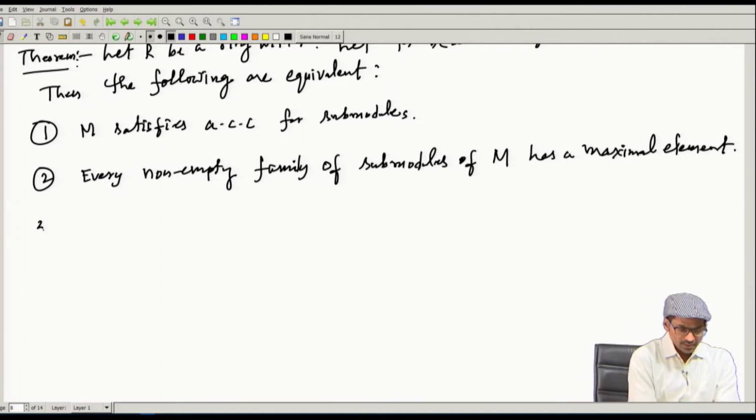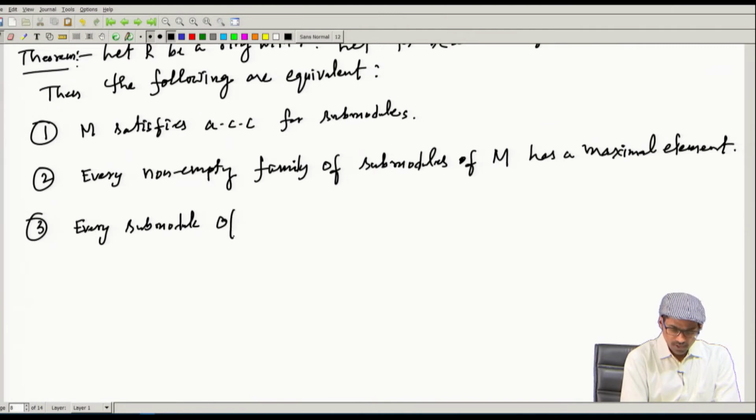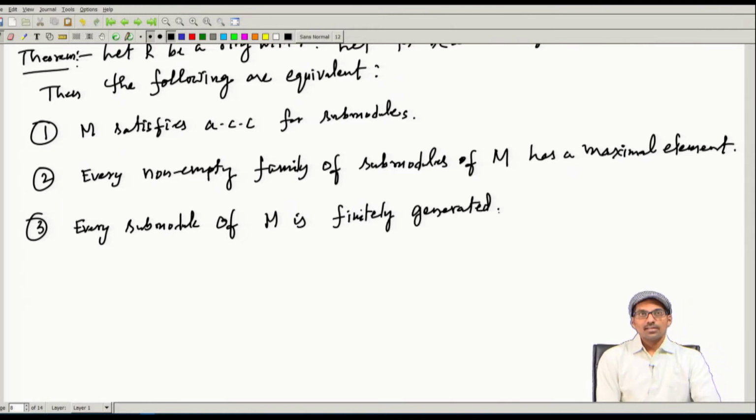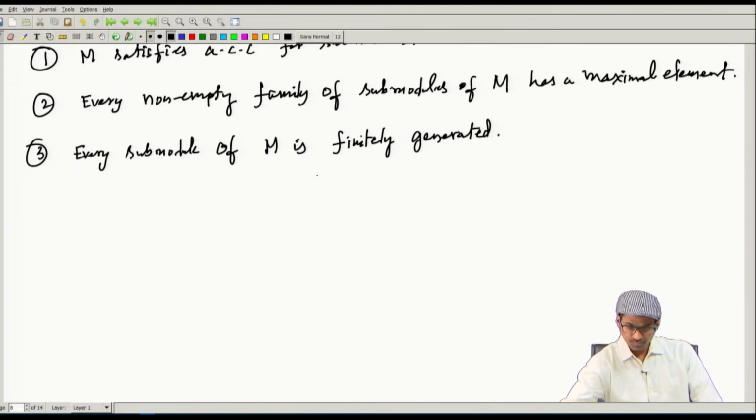And the third one: every submodule of M is finitely generated. Now let us prove this theorem.